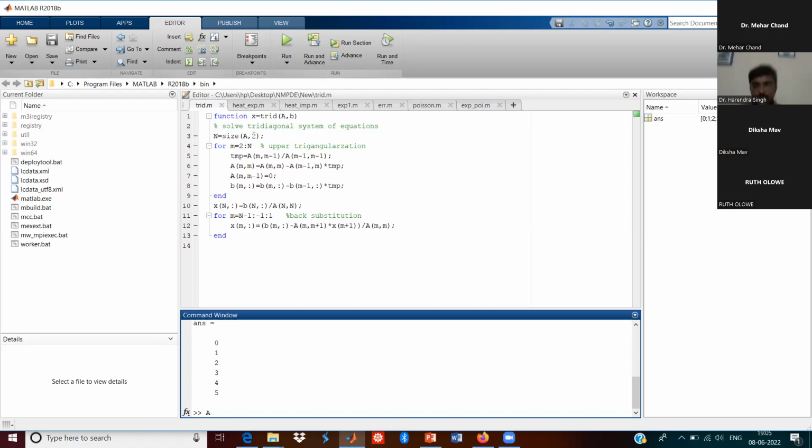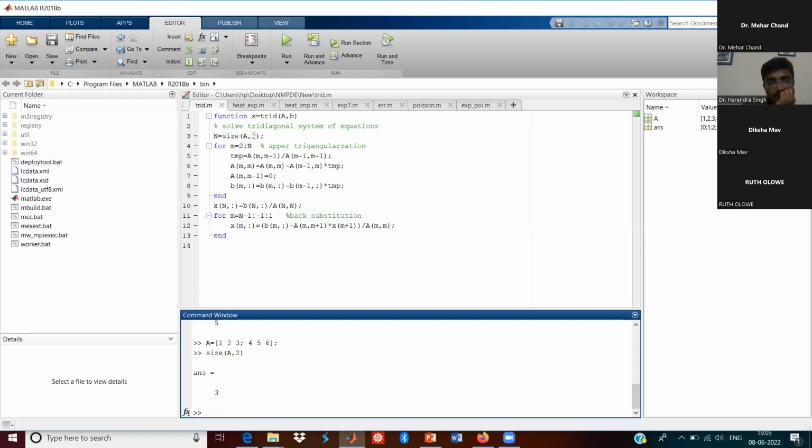So you can see that if A equals 1, 2, 3, 4, 5, 6, and we write size of a comma 2, that is how many columns there are.